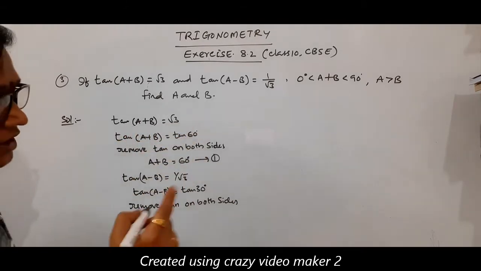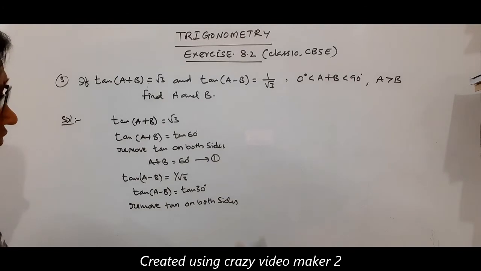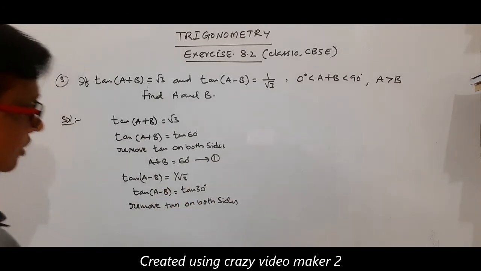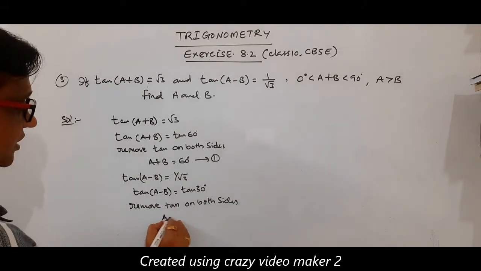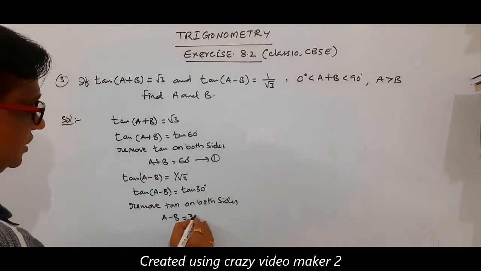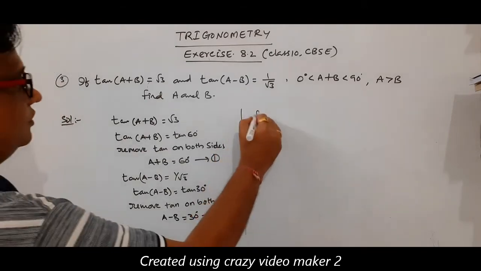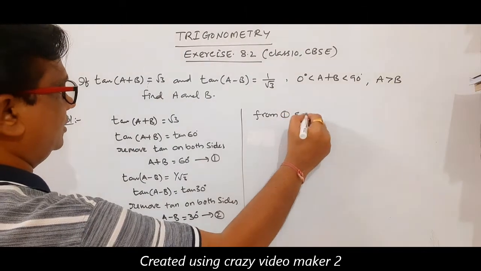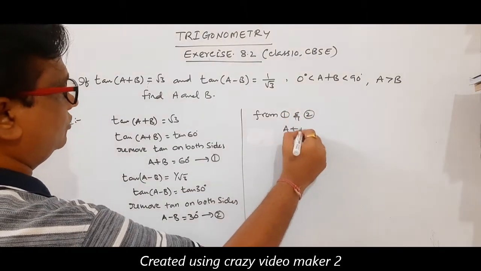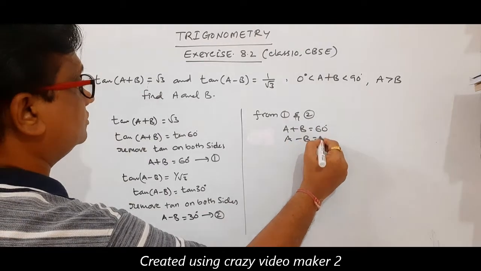Don't cancel because these two are not products. Okay, already in 8 point before exercise we discussed one question, so here a minus b equal to 30 degrees. This is two. So from 1 and 2 we are going to solve. A plus b equal to 60, a minus b equal to 30.